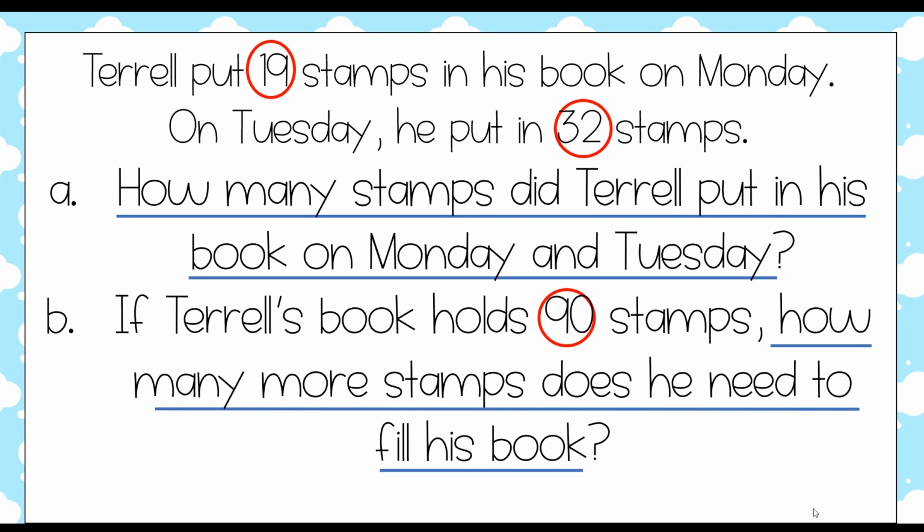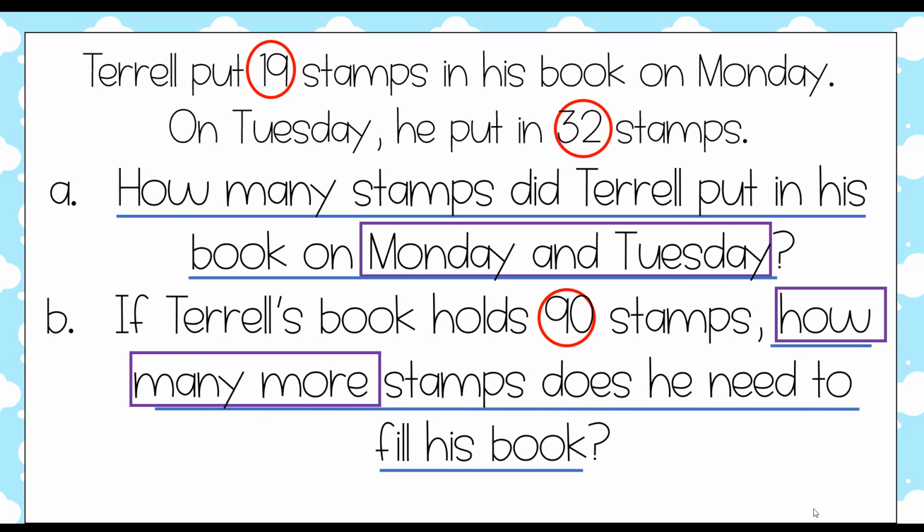The next thing we do is look for our important math words, or just important words that might help us understand how we're going to solve. Well, Monday and Tuesday. They want to know how many stamps he put in Monday and Tuesday, which means we have to combine what he put in on Monday with what he put in on Tuesday. And when you put things together, is that adding or subtracting?